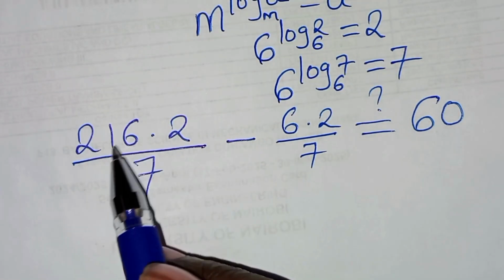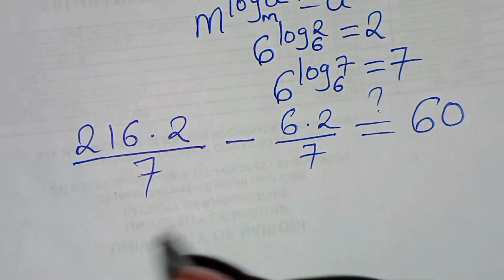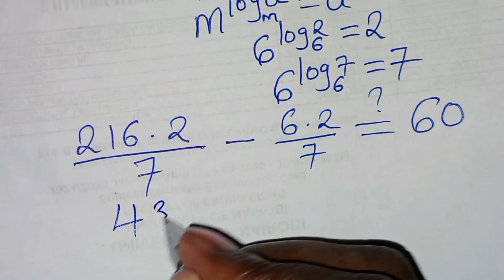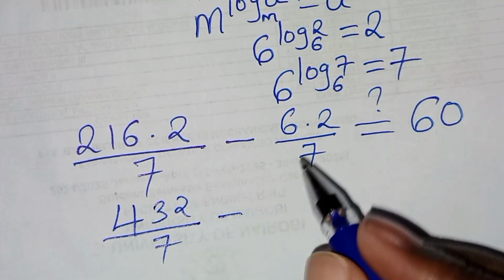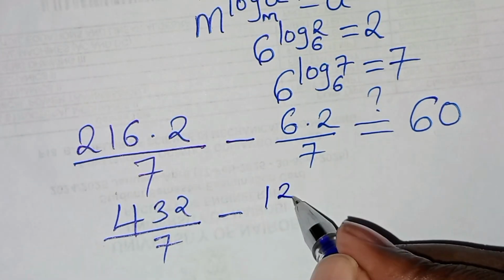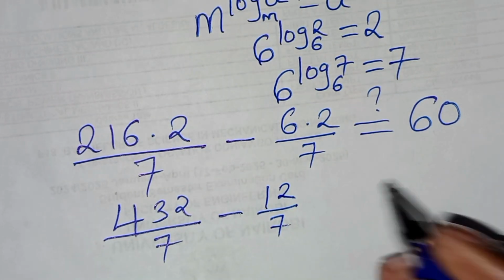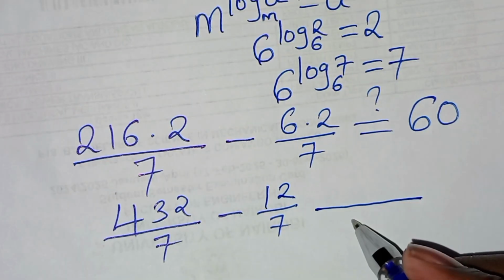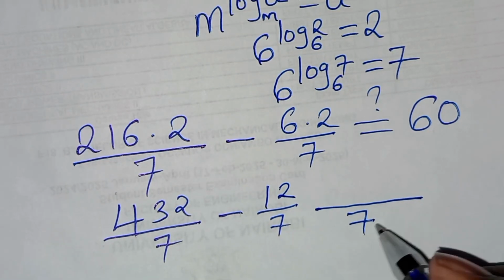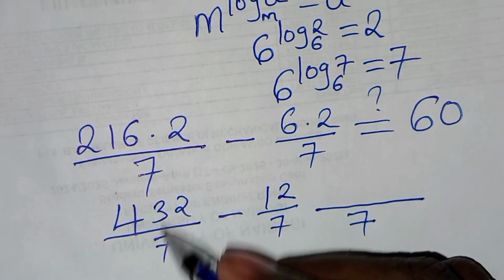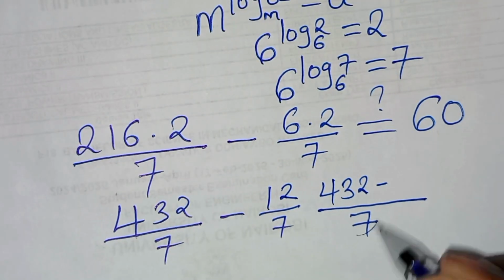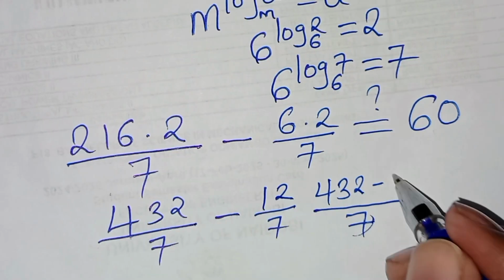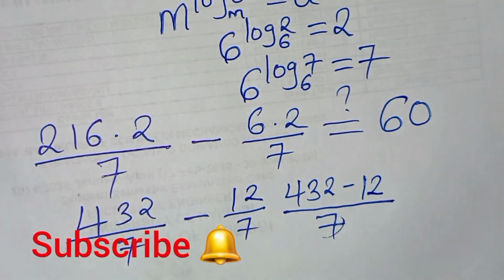Now, the next step is that 216 times 2 is actually 432 divided by 7. Subtract 6 times 2, this is 12 over 7. So let's get the LCM here. The LCM is 7. 7 divided by 7 is 1 times 432, so this is 432, subtract 7 divided by 7, which is 1 times 12, so this is 12.